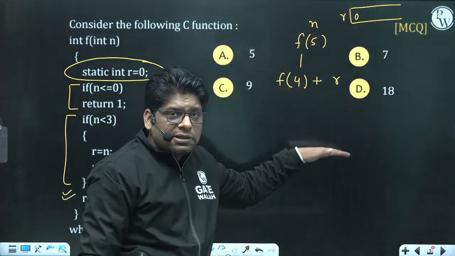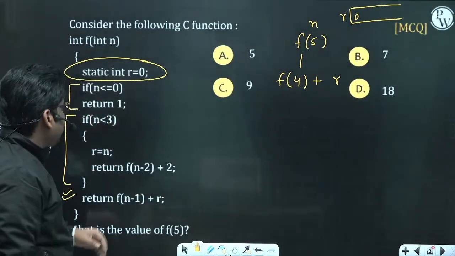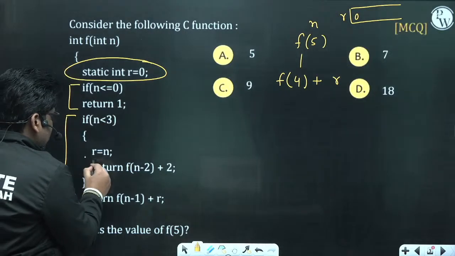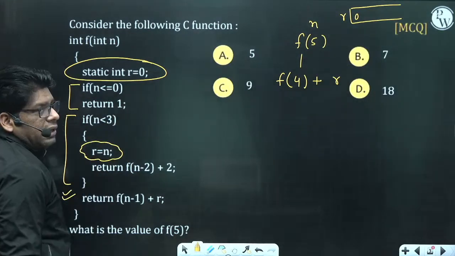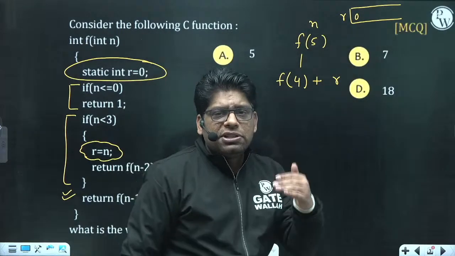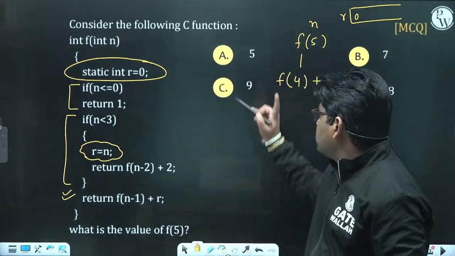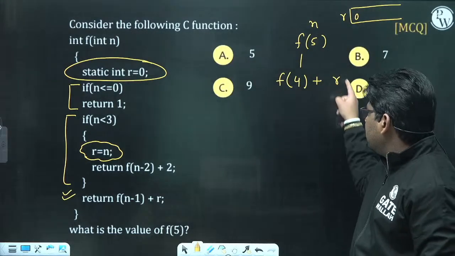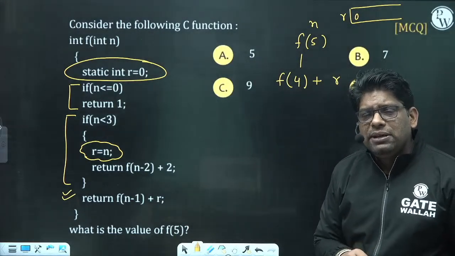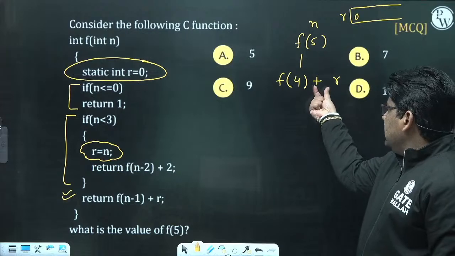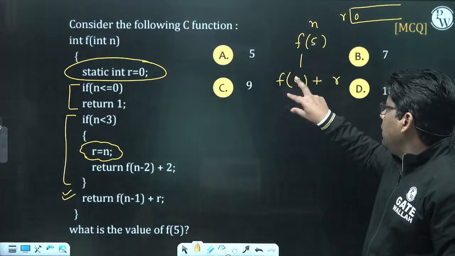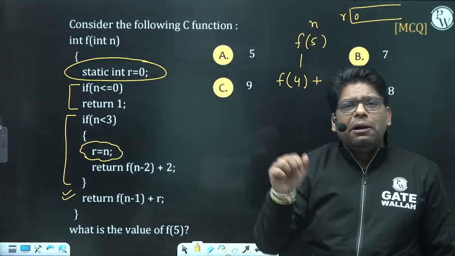Whenever inside recursion you are having some static variable and somehow the function is changing the value of a static variable, always follow this. Don't write this value. Why am I saying this? See, addition will be performed only when both the operands are available.